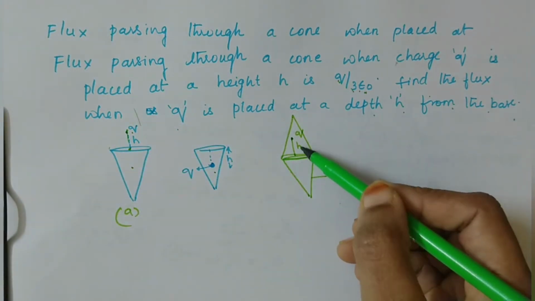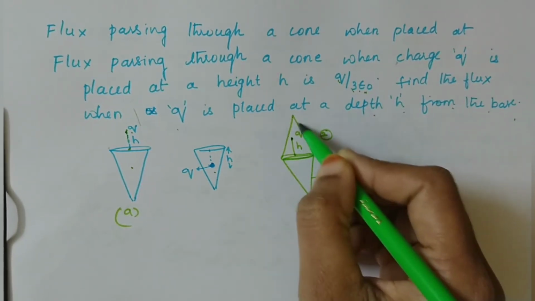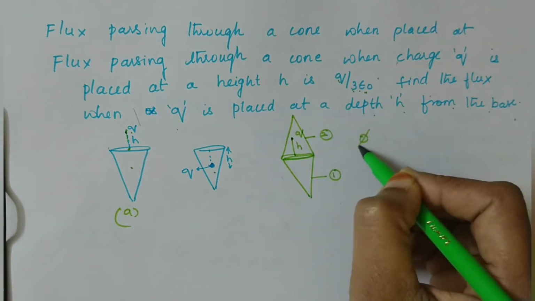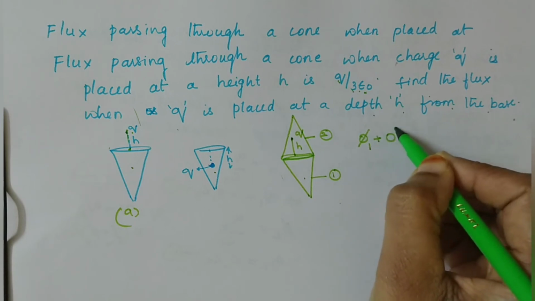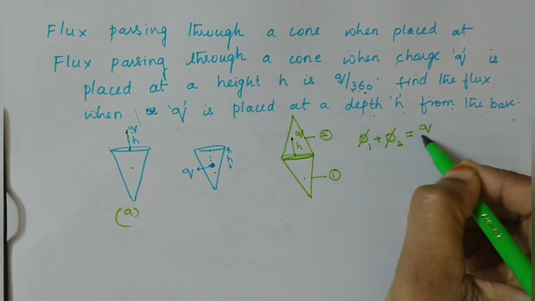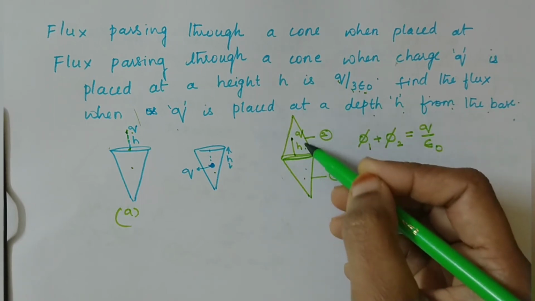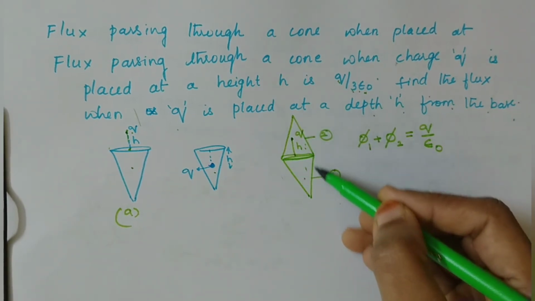Now for these two cones put together, that means first and second cones put together, charge enclosed is q. So flux through the first surface, plus flux through the second surface should be equal to q by epsilon naught.